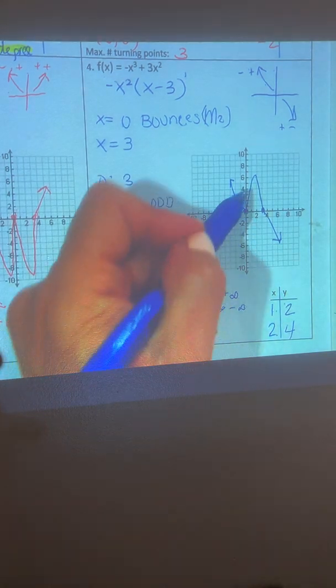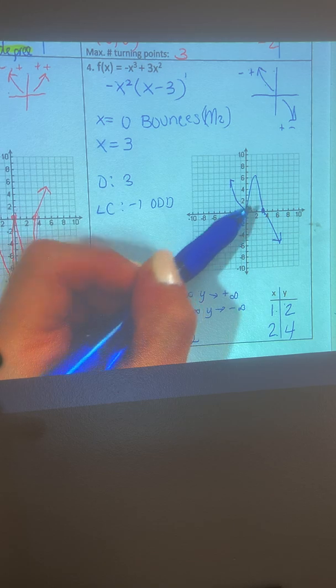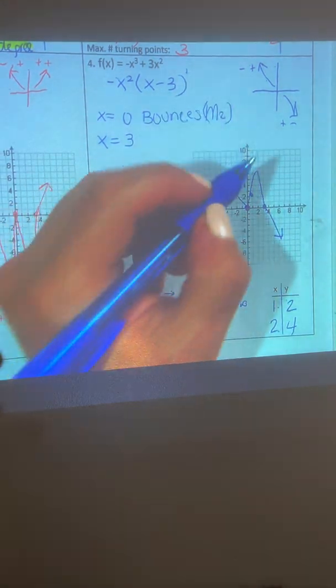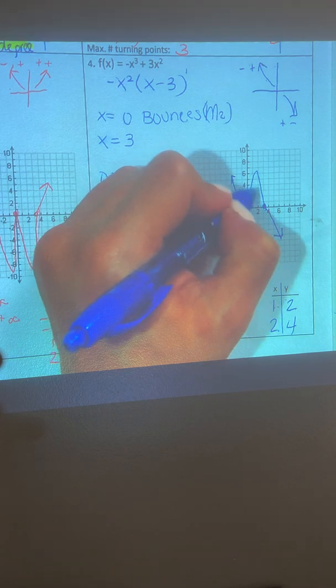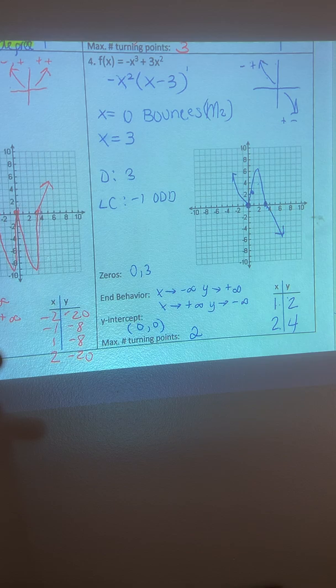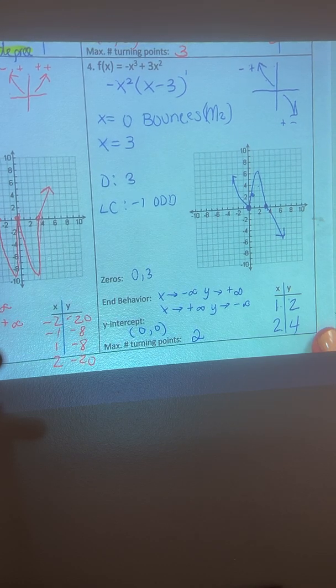And realistically, like I said, we're just doing a sketch, but I could plot the points. Plug in 1, 2, which would be right here, and 2, 4. I mean, granted, it's off, but it would be right here. But again, we're just doing a sketch. And that's graphing. The last page of the notes. I told you this is a long video.